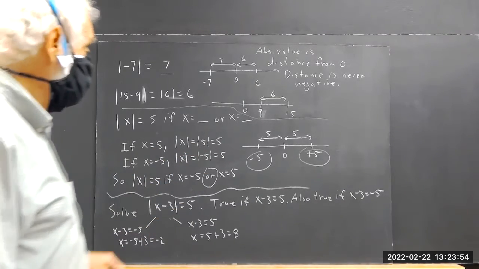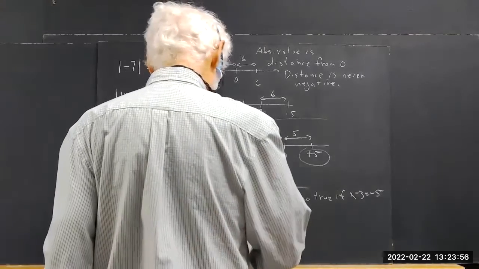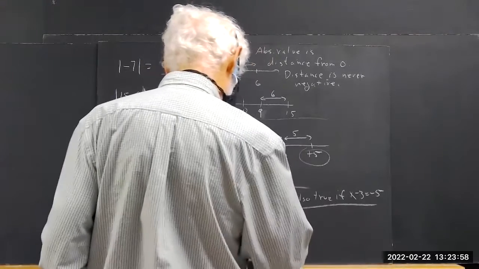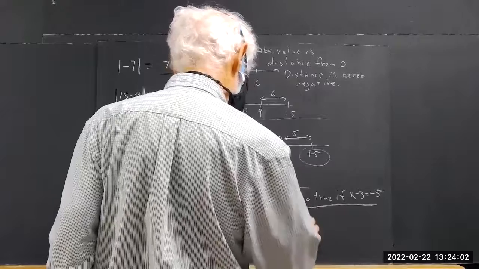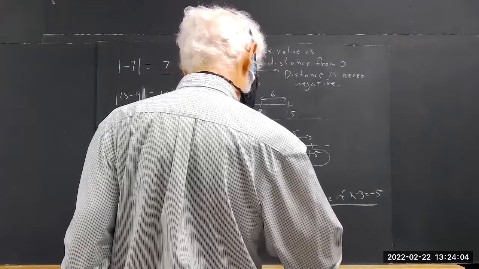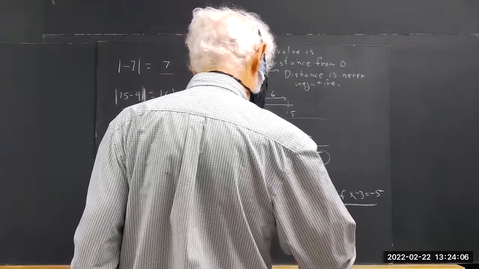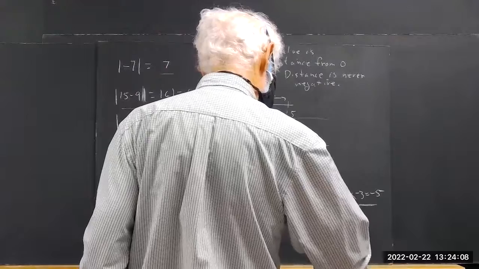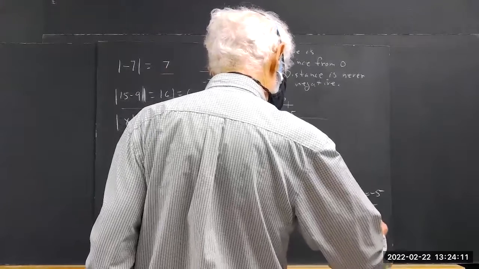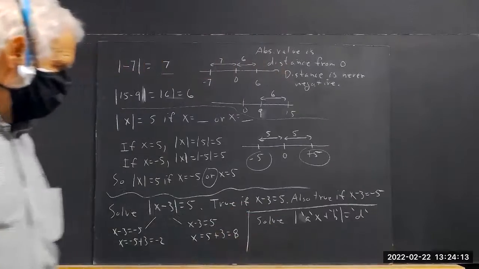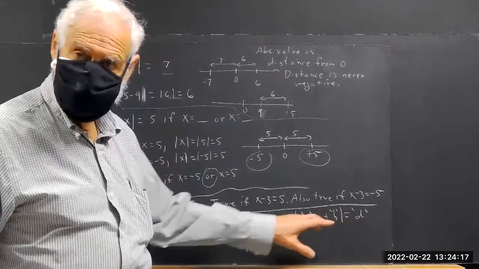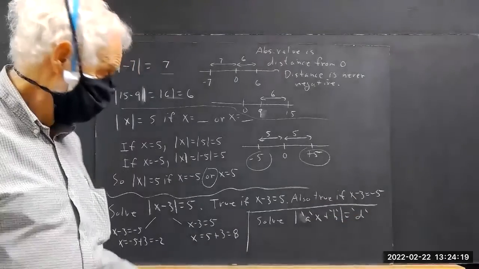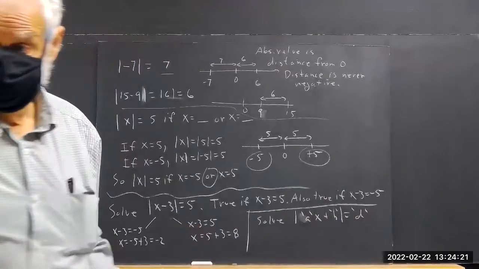So write down this equation and see if you can solve it. That's the absolute value of ax plus b equals d, where a, b, and d are known numbers.